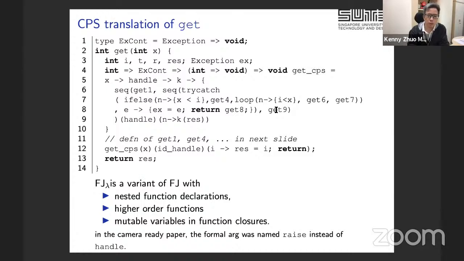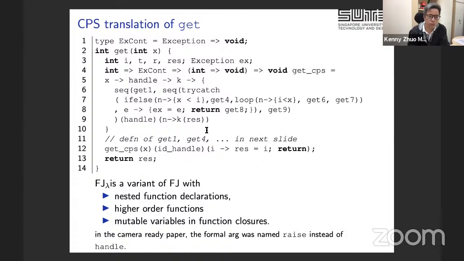We use all these helper functions to synthesize the original program by chaining up all the individual simple blocks, such as get1, get4, get6 and get7. We'll come to what these get1, get4, get6, and get7 are shortly in the next slide.